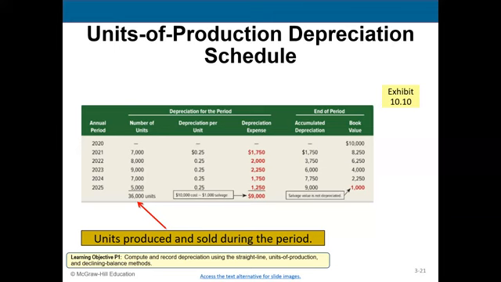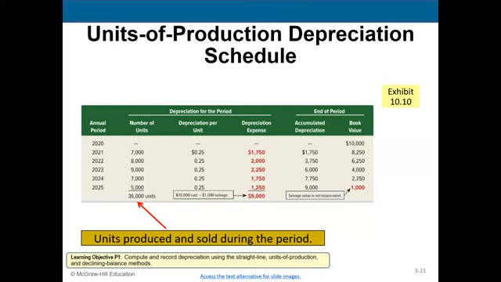Now you see at the end of year 5, when I add up all of my depreciation expense for those 5 years, it should equal 9,000, right? Remember, 9,000 is the depreciable cost. It's the 10,000 cost minus the 1,000 salvage value. Okay? Your book value at the end of year 5 should equal $1,000.